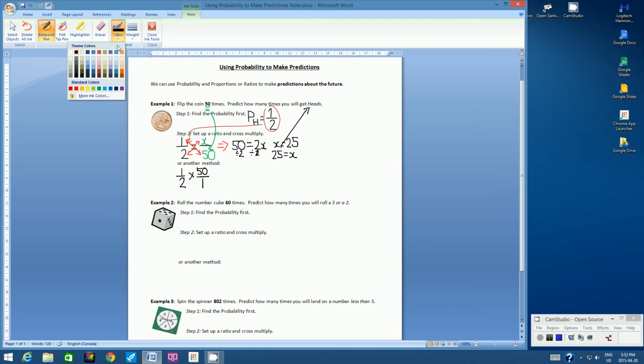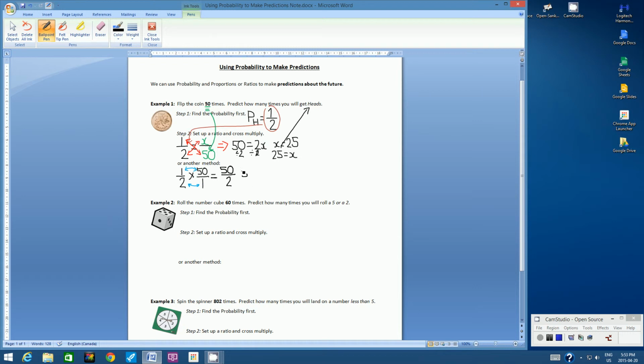To remember how to multiply fractions is very easy. We simply multiply the numerator, and then we multiply the denominator. So let's do that together. Our numerator, 1 times 50, is 50. Our denominator is 2 times 1, or 2.